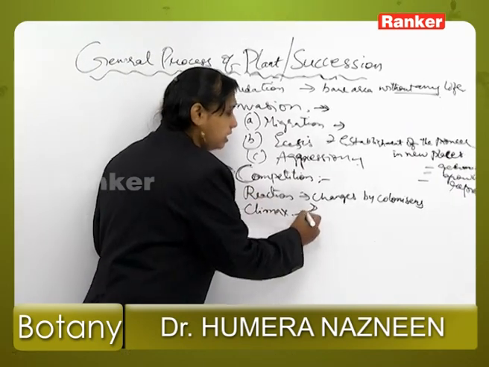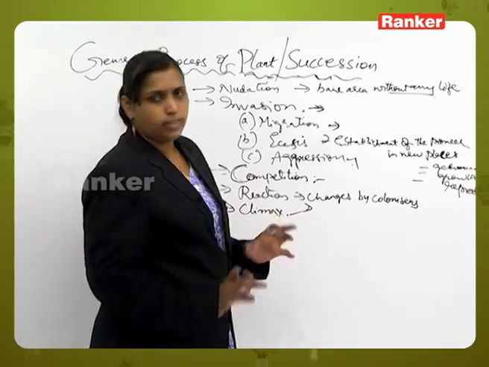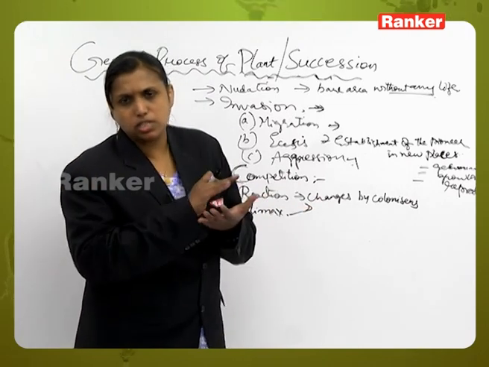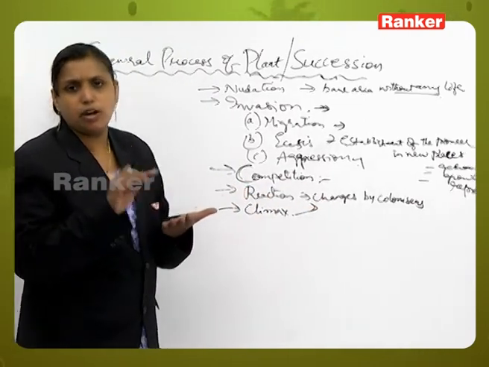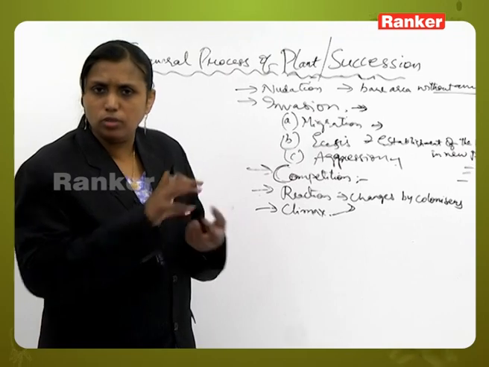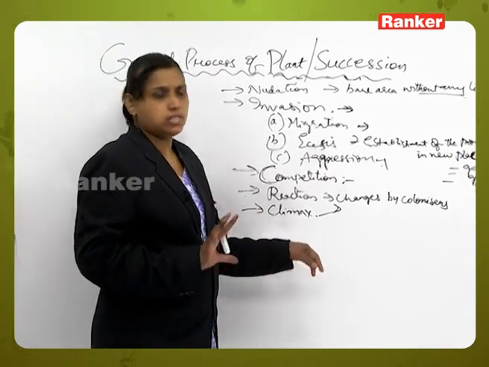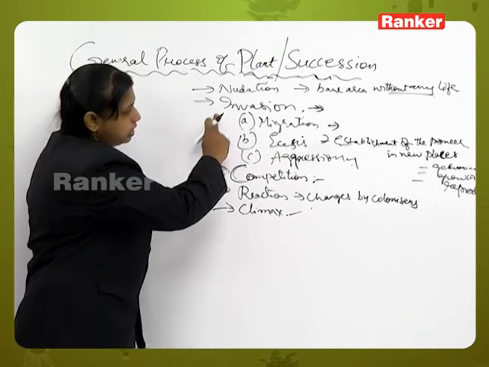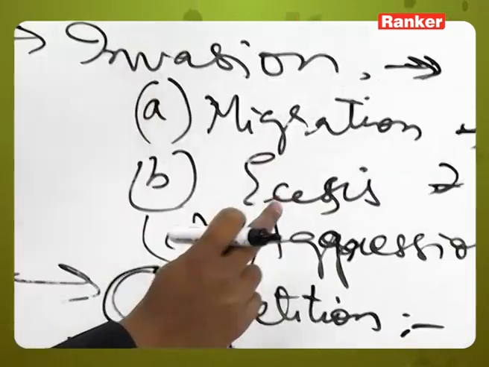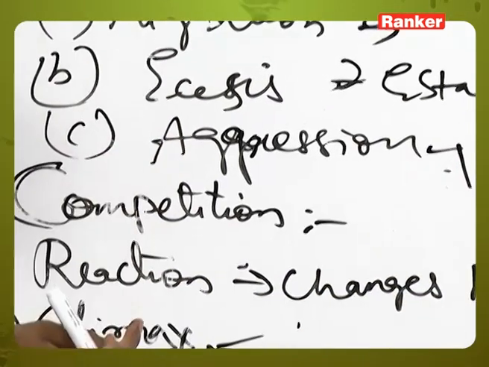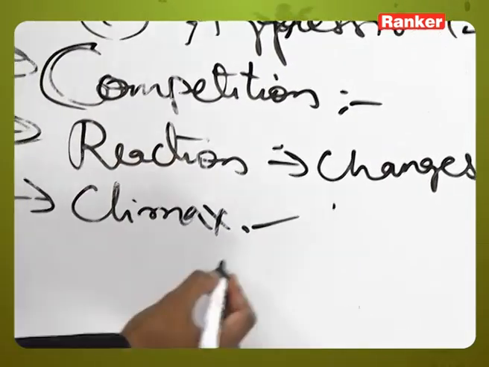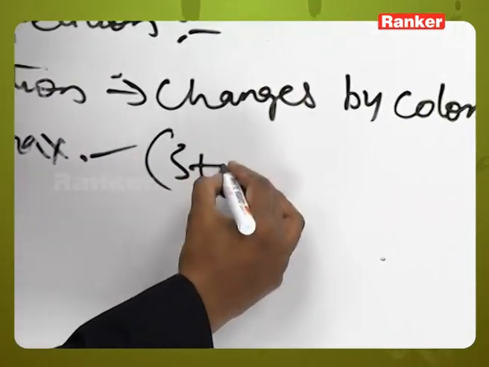After all these stages, they lead to a stable stage called the climax stage, after which there is no further development, no reduction, nothing. After undergoing nudation, invasion, migration, ecesis, aggregation, competition, and reaction, it leads to the climax stage.